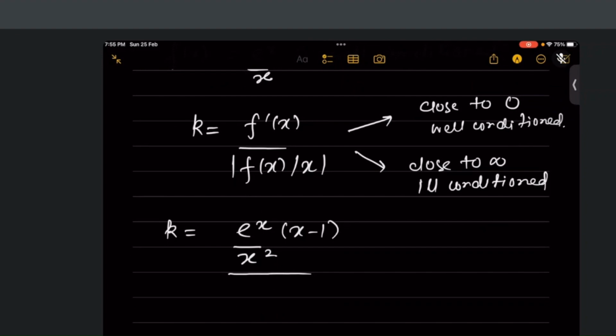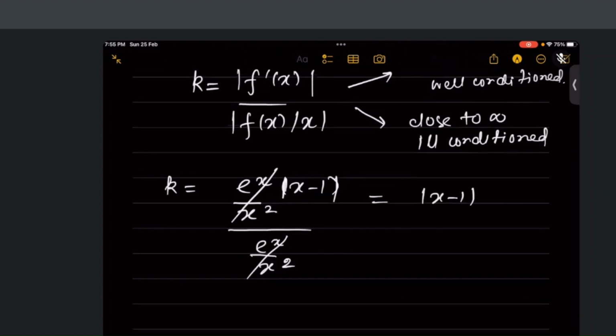Then f of x by x is e to the power x divided by x square. Something like this you will get. Here you can cancel out these two. And you will get mod of, basically it is mod here, no? Modulus. So you will get e to the power x upon x square. These are positive, that's why I took them out of modulus. And they can be simply cancelled.